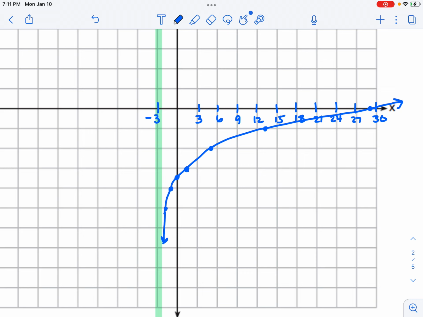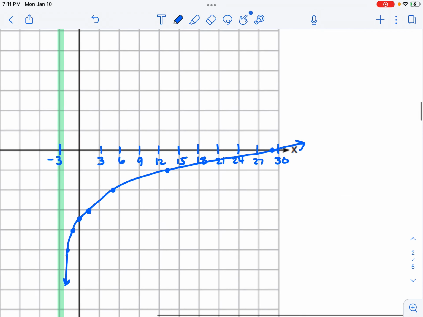So just drawing an arrow is important. You don't have to draw it all the way down the graph, but just showing that the graph would continue to go down infinitely. And then on the right side, drawing an arrow pointing up and over, the x values will continue to get larger and the y values as well.